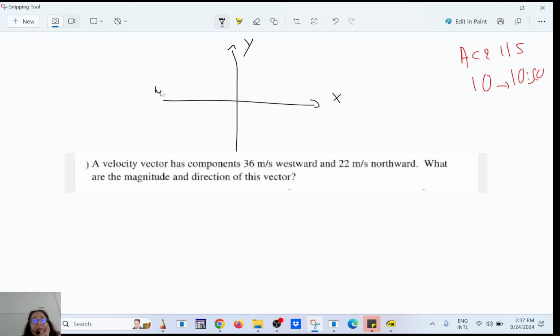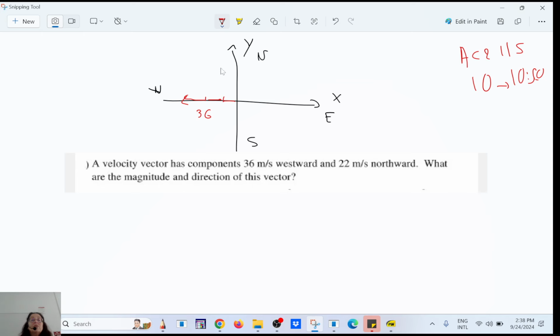So this is west, and this is east. And this is north, and this is south. So the first thing, 36 west. So it's going to be 10, 20, 30, 36 here.